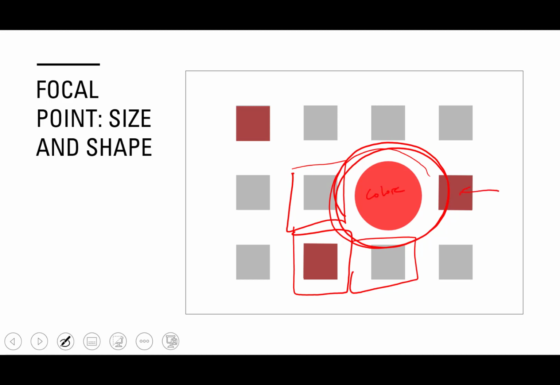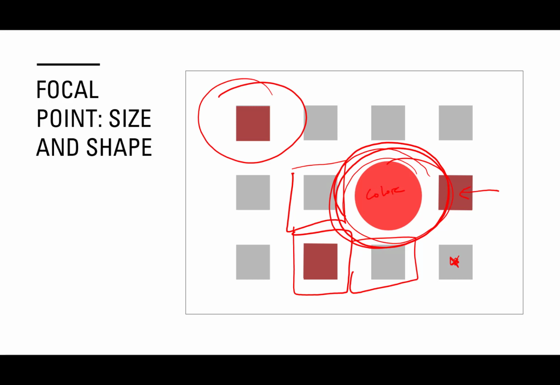You do have some squares that are a different color, and so those stand out and create more emphasis than the gray squares. But ultimately, no matter where you put the circle in this composition, it's going to stand out because it's larger and it's the one different shape.